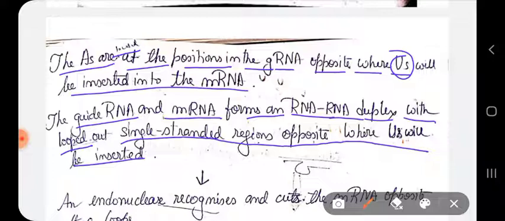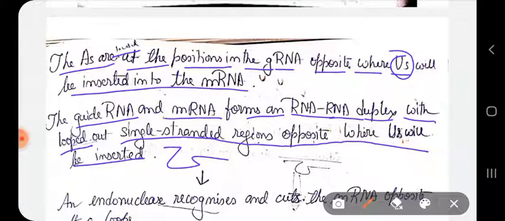Usually, because the editing region within the guide RNA is not similar. It has multiple adenine residues here in this example, and that's why, at that site complementary to the guide RNA, the mRNA where uridine has to be inserted will loop out actually.